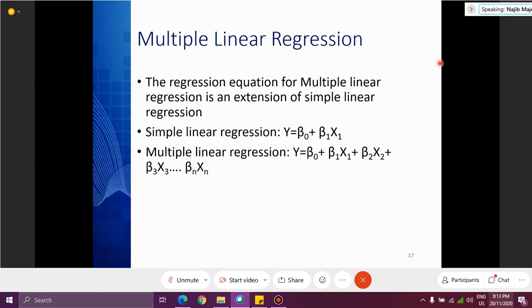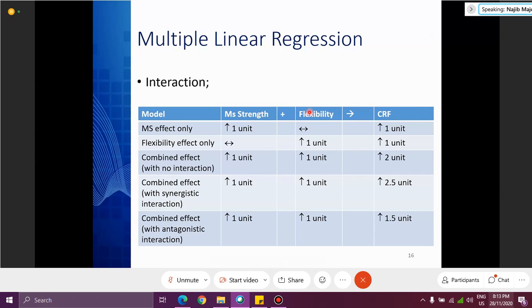Yes, another question. Hi doctor, based on the previous table, what do you mean by flexibility? Flexibility is the measure of flexibility of a person. Muscle strength and also flexibility, it's an example.